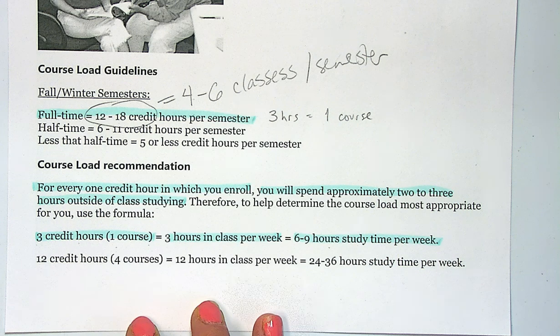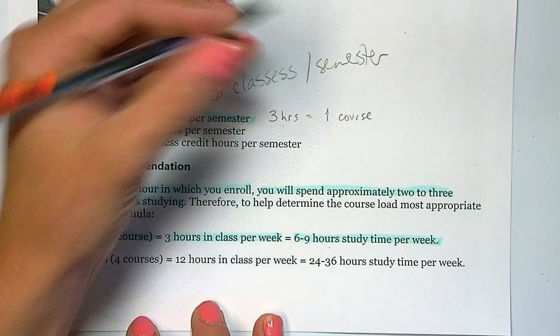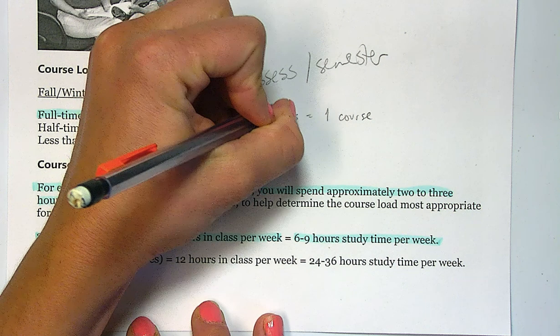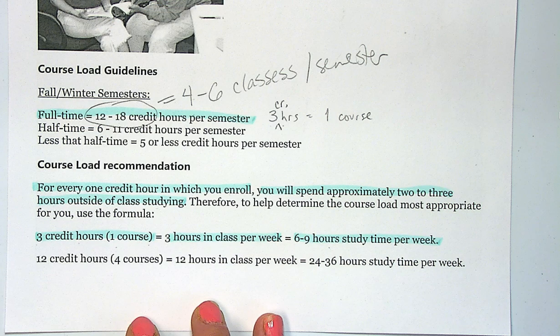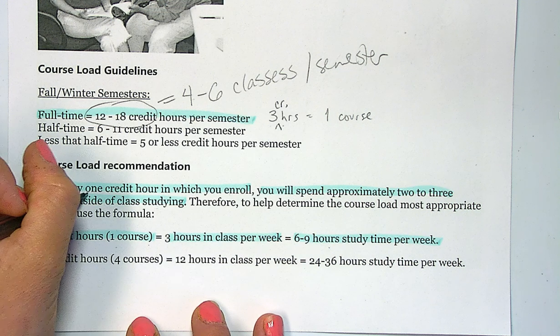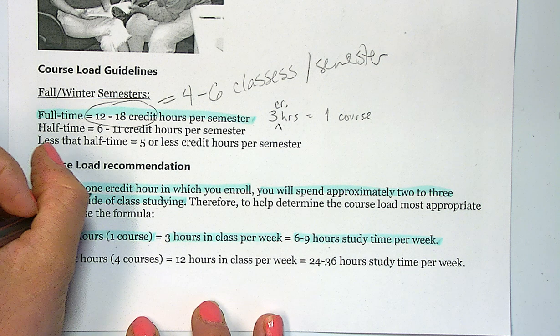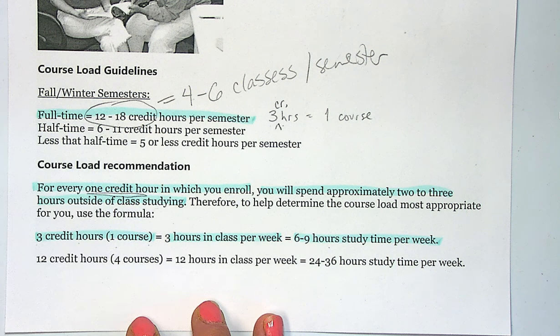Well, if we know that 3 credit hours, oops, I should probably put that those are credit hours, not hours. If we know that 3 credit hours equals 1 course, how many credit hours are we talking about for 1 class? That's right down here.